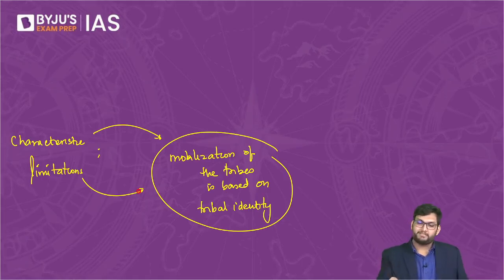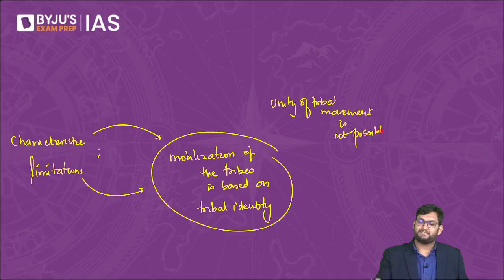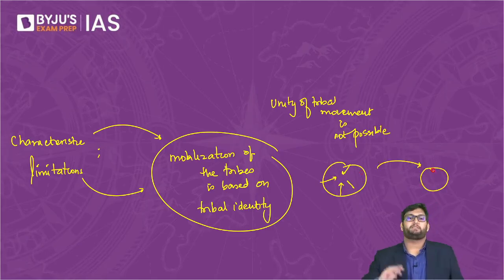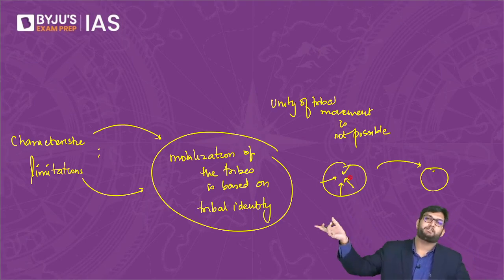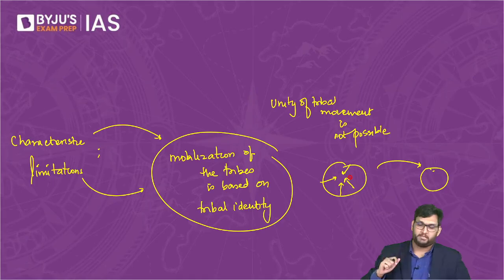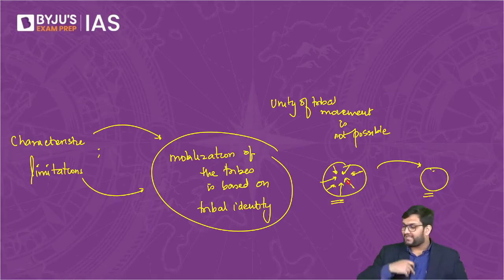So the problem is that the unity of tribal movement is not possible. Because as much as they can come together under a banner, they will not interact with the next tribe. So, for example, the Santhals will not join their hands with the Mundas because their identity is different. They will be able to mobilize themselves, but externally they cannot come together.